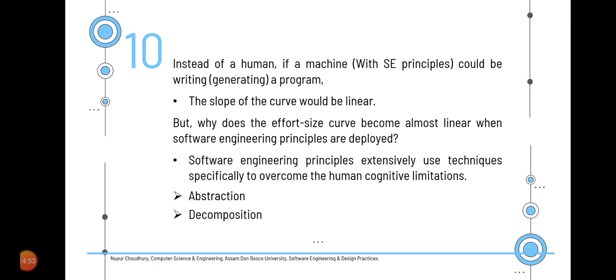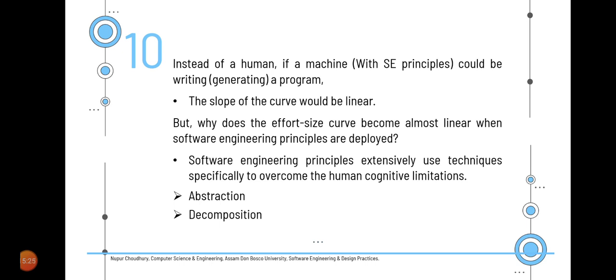Now, for a human mind, it is difficult to remember things beyond 7. So instead of a human being, if a machine with software engineering principles could be used in order to generate the program or find out the solution, you will find that the slope of the curve will be linear as it was shown in your graph, the green line.